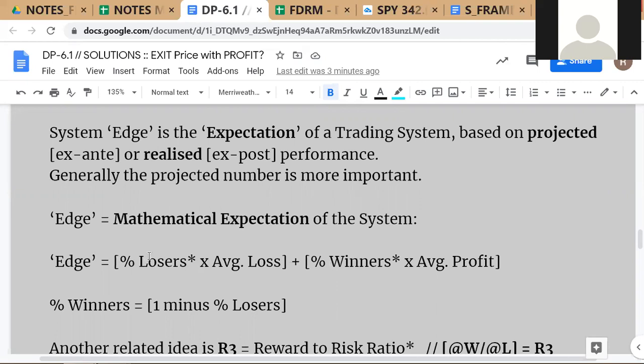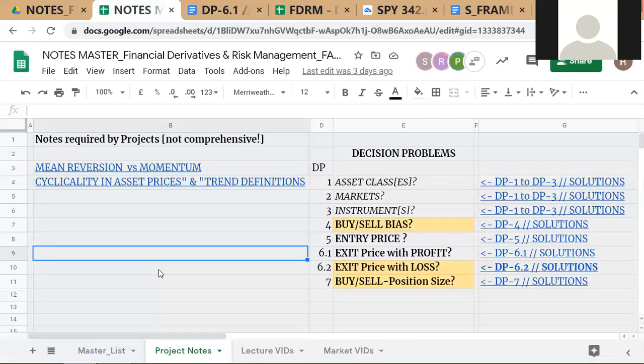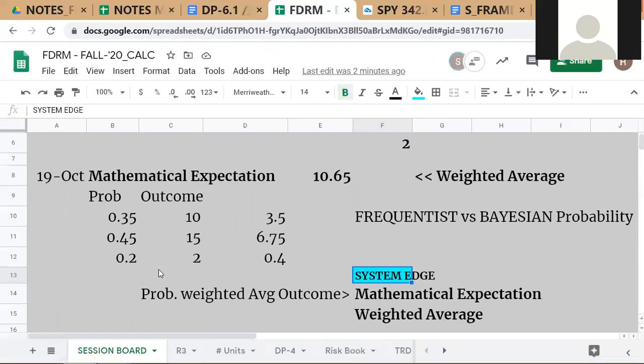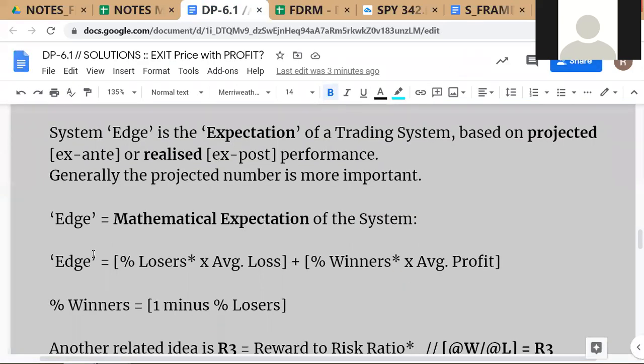So these are probabilities. This is related to the idea I mentioned here, the frequentist view of probability versus the Bayesian probability approach. Here we are applying more of a frequentist approach, and so these are actually probabilities. Now you can see why system edge is a very common term used in the industry for trading systems.